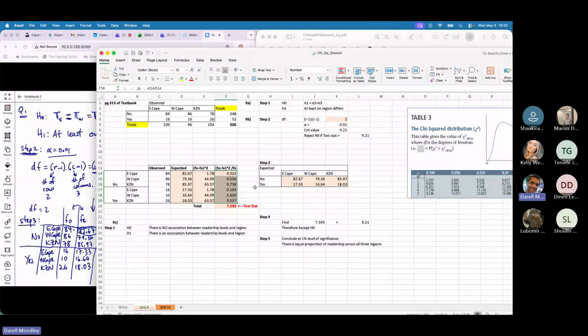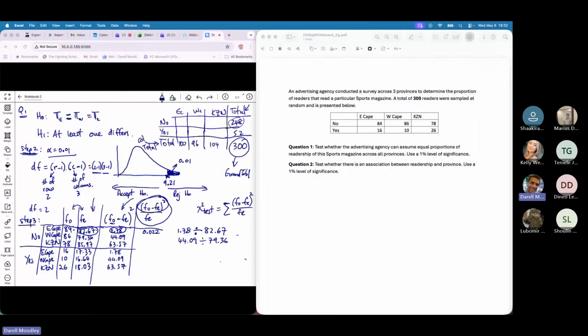So in other words, after you do all the workings and you add up all these values, you'll get a total on the bottom. That total is what you need, 7.595. Now this is your test statistic.